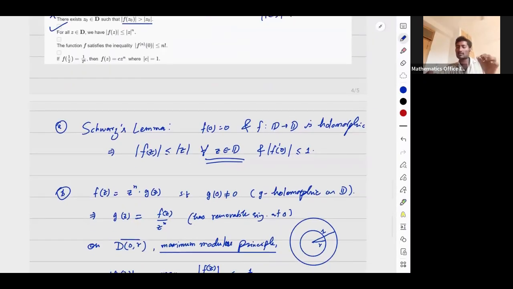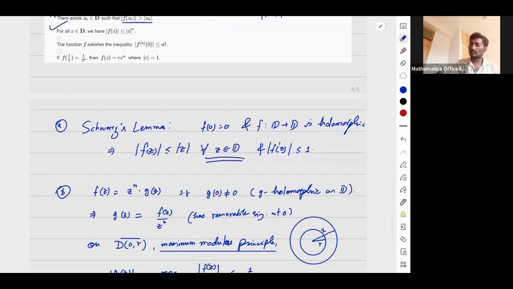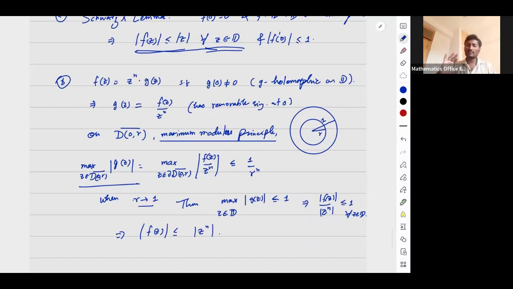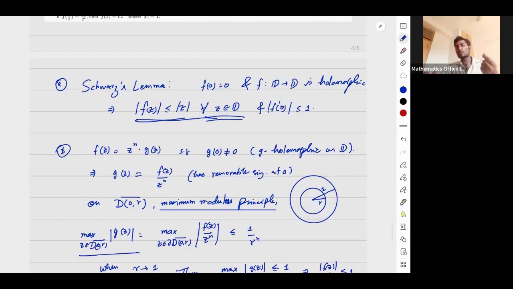In the Schwarz lemma, we have seen the proof of the first part. If we had F(z) equal to z into G(z), if we had a simple zero, then the first inequality has been proved. A similar trick will work in our scenario. But there was one more thing to prove in the Schwarz lemma, that f prime 0 has modulus less than or equal to 1.